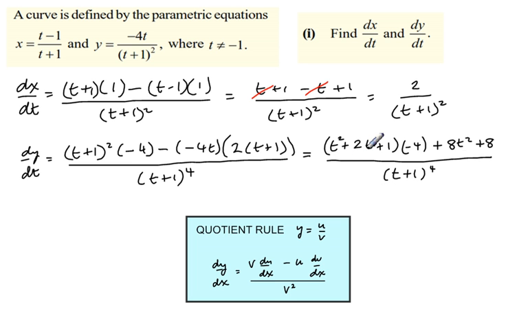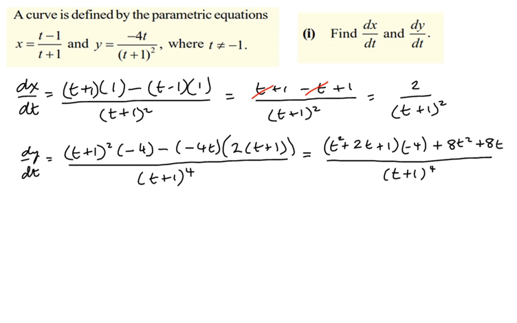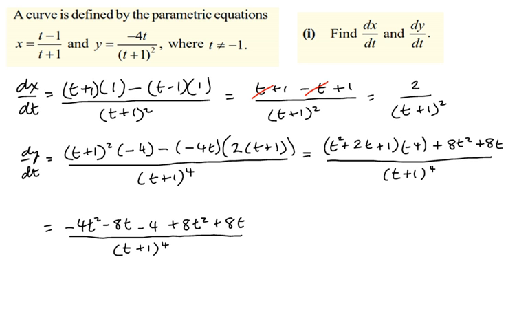When I multiply it out, I expand t plus 1 squared, and I'm multiplying minus by minus, which is plus, 2 4s, which are plus 8t, by t plus 1. That's where I'm getting 8t squared plus 8t. Now I'm just going to multiply the minus 4 into this, and this is what we get.